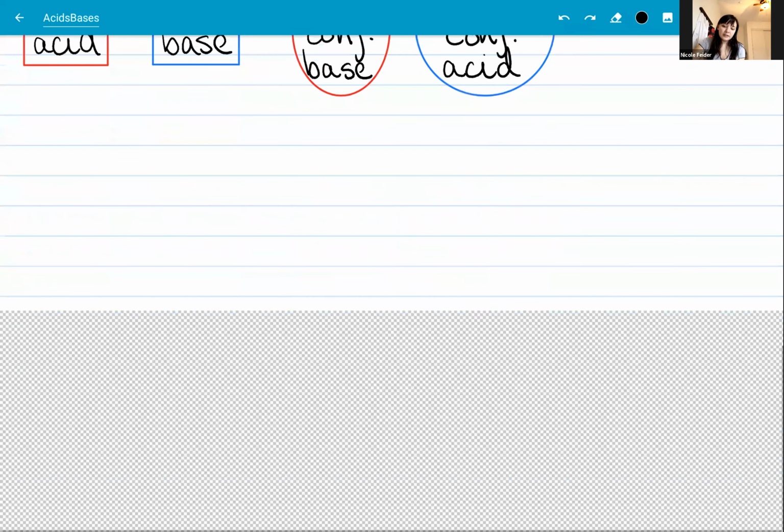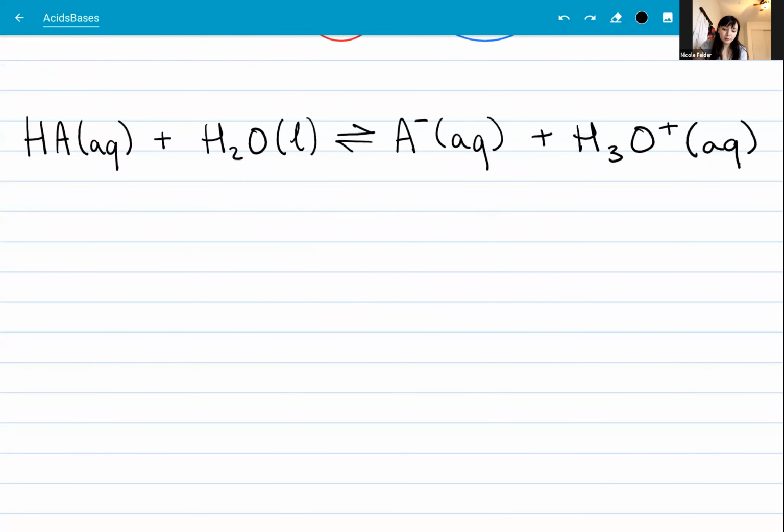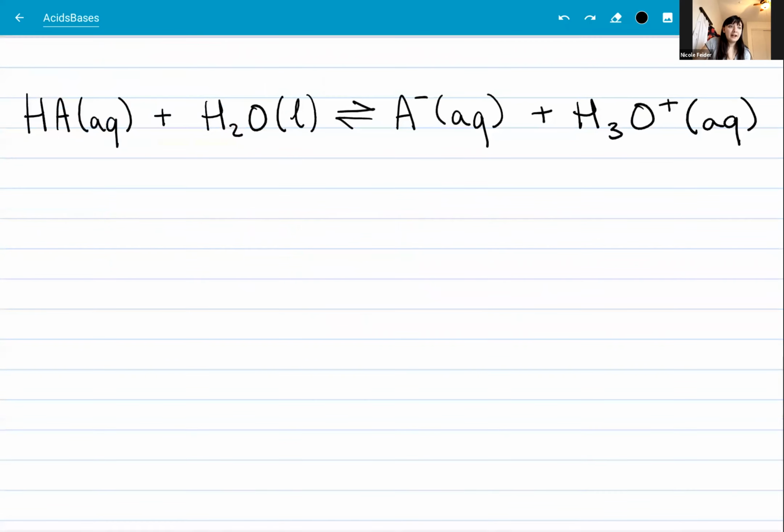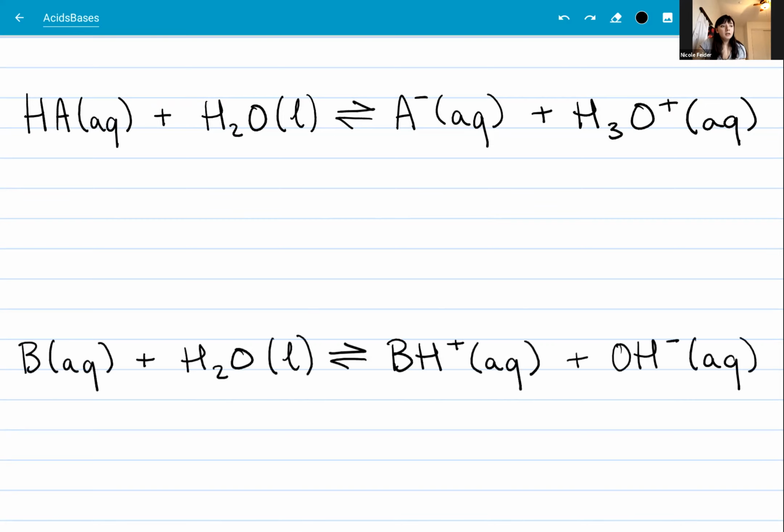So, for example, when paired with a proton donor, we have this, where HA is a Bronsted acid and H2O is a Bronsted base. Vice versa, water with a proton acceptor looks like so. Now, B is our Bronsted base and water is a Bronsted acid. The conjugates to water in these two equations are H3O+, or hydronium, and OH-, hydroxide.